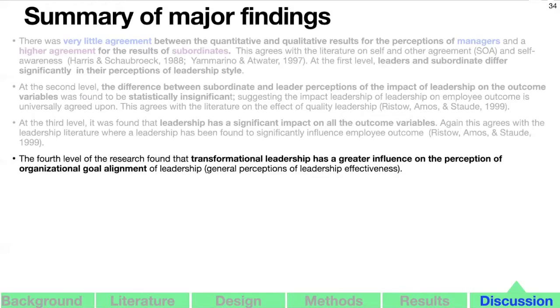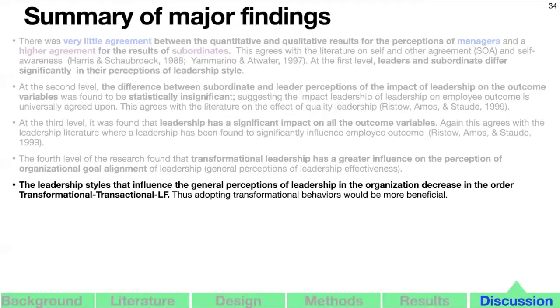And at the fourth level, I found that transformational leadership has a greater influence on the perception of organizational goal alignment, or the general perceptions of leadership, in agreement with the literature on transformational leadership.